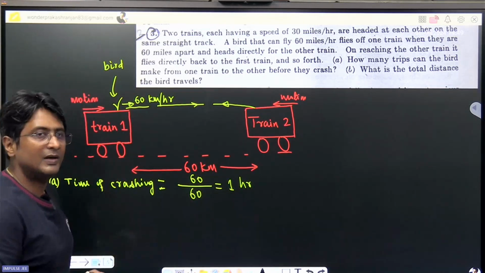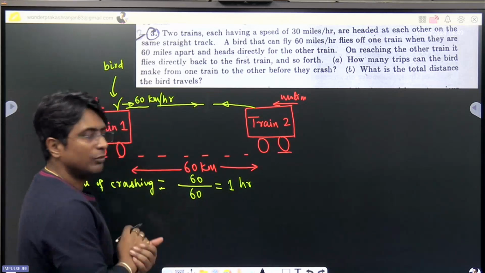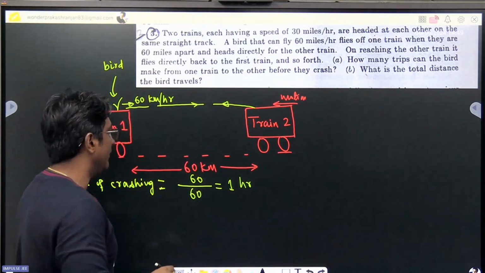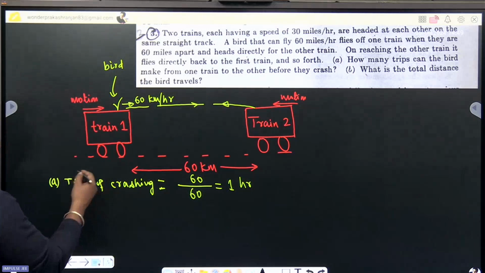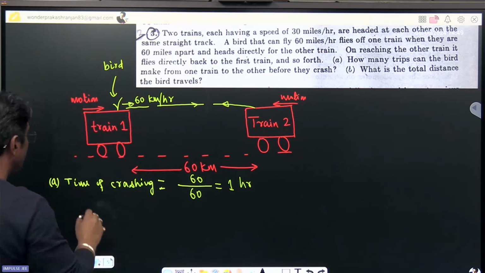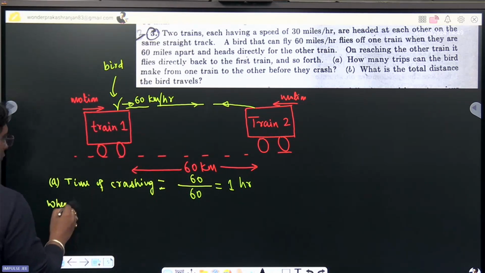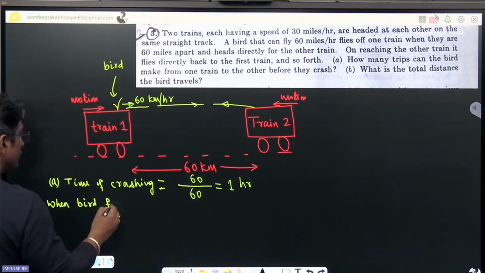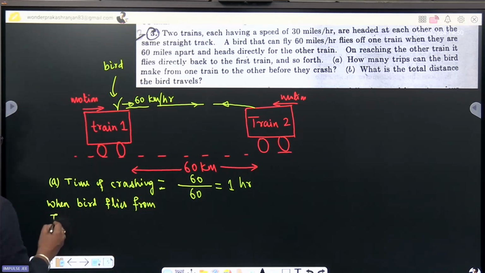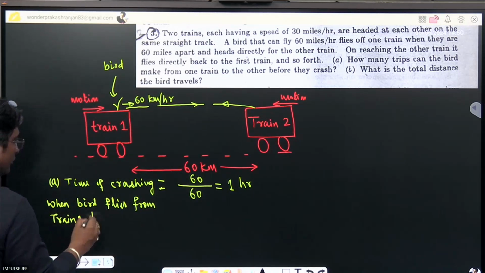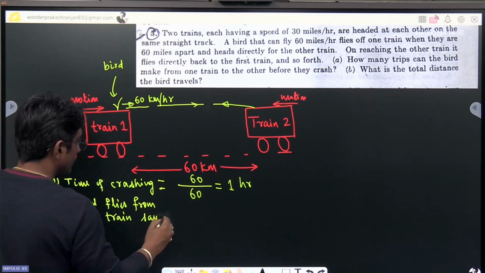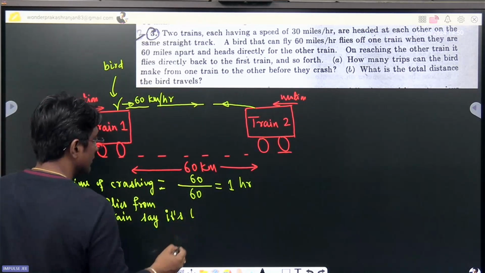After 1 hour, both trains will crash, and during this 1 hour, the bird is going from train 1 to train 2 and again from train 2 to train 1. So for the first time, when the bird starts from train 1 to train 2, what is the time taken?